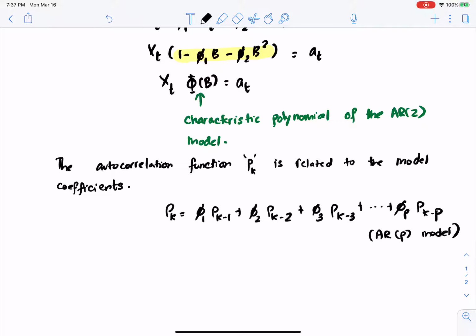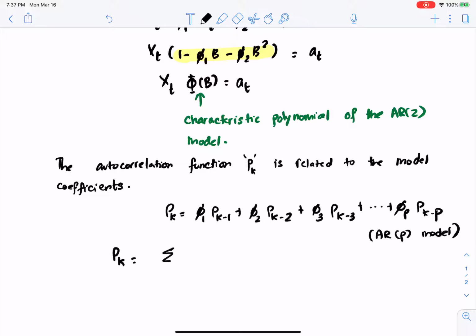and we would want to find the solution to this rho k, or rho k expressed using values of the characteristic polynomial phi(B). How do we go about doing this? It might look scary, but it is not.